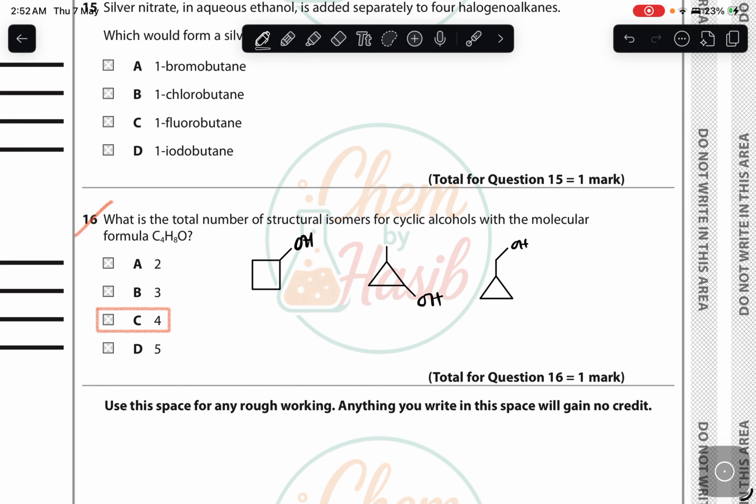One more structure can be, let me think of another structure. So you place a triangle. If we place C4H8O, right, the number of structural isomers of cyclic alcohol.